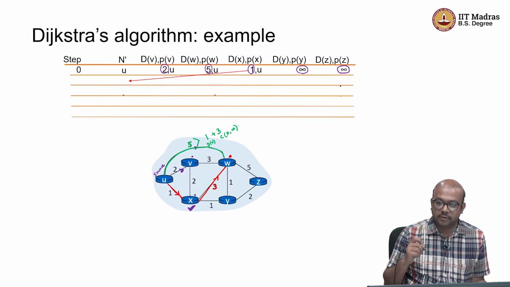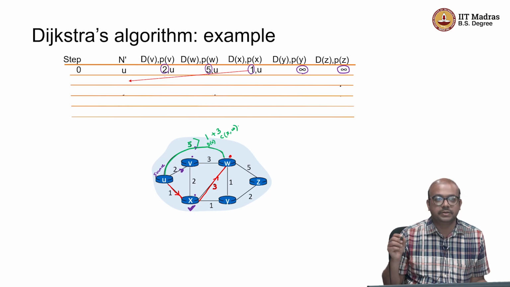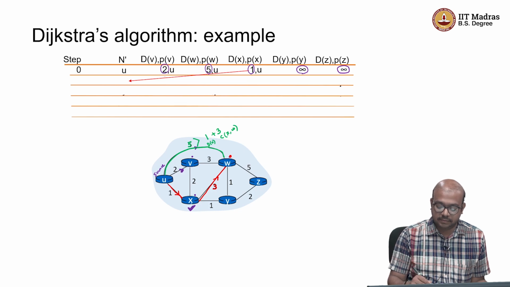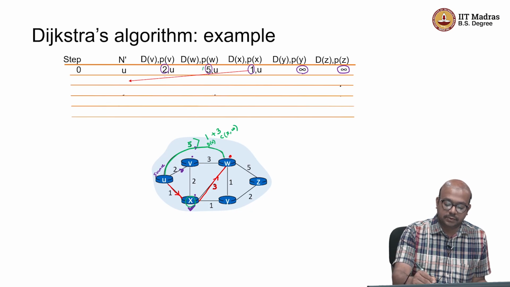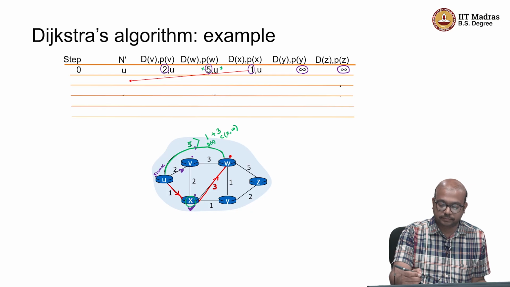So, 3 plus 1 is 4. So, I should not keep this belief that dw is equal to 5, dw is actually equal to 4 now. Okay. So, dw is equal to 4 now, and the predecessor node is going to be x. So, this belief is going to be updated, and this belief is also going to be updated.